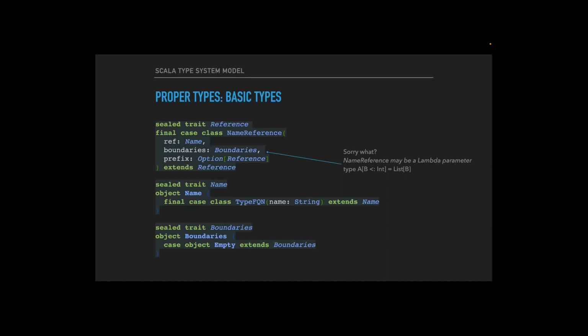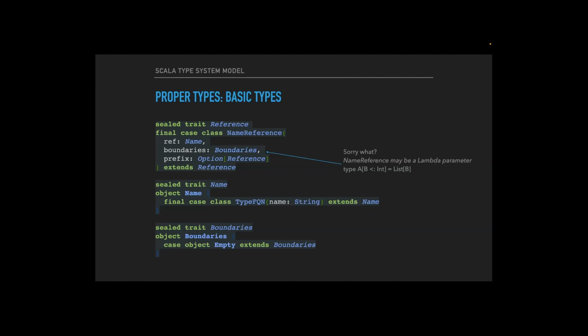We just need the name. So we may define a sealed trait called Reference that stands for type reference, and create a case class NameReference with the trait and with a string field for the fully qualified name. And this would be enough to represent basic types.